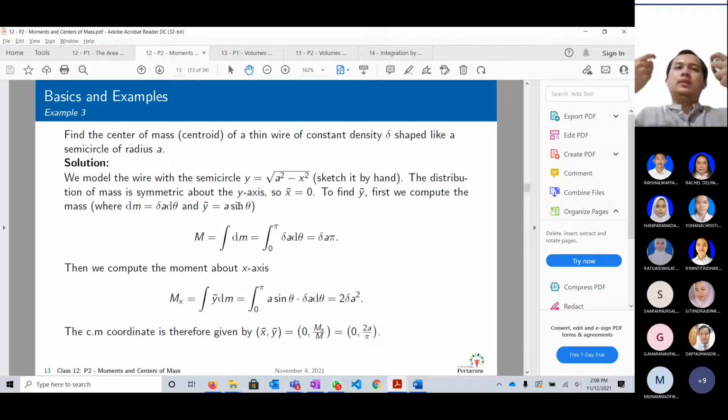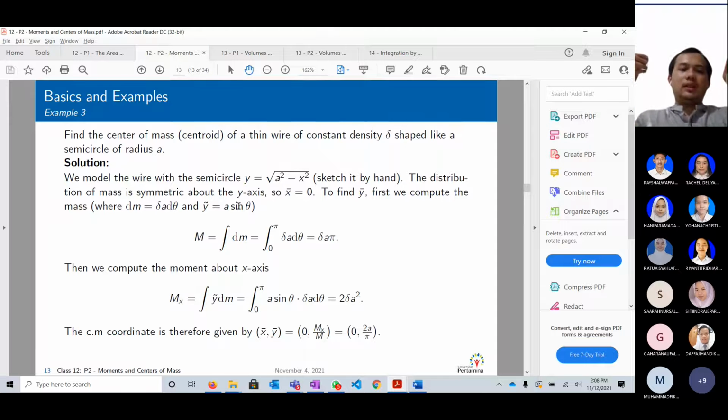Since we have a circle like this, let's say we fold the wire across the x-axis. Now we only have a quarter circle like this.